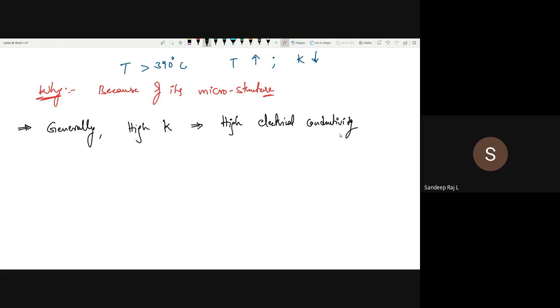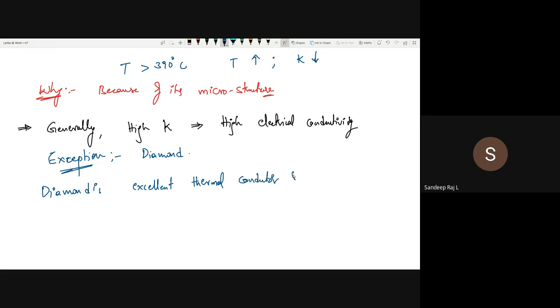but diamond is an exception here. Diamond is an excellent thermal conductor and a very poor electrical conductor.